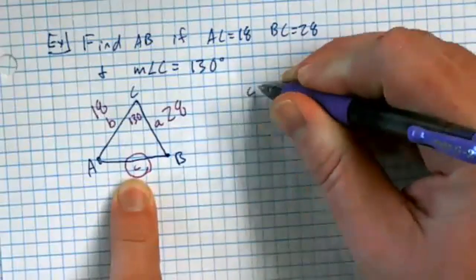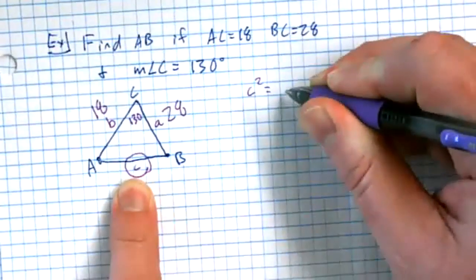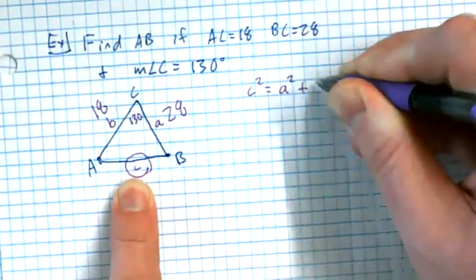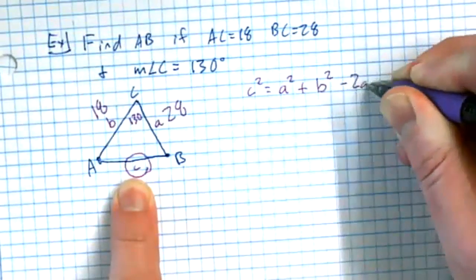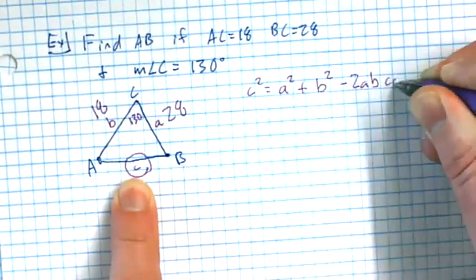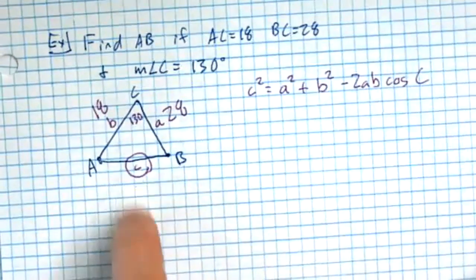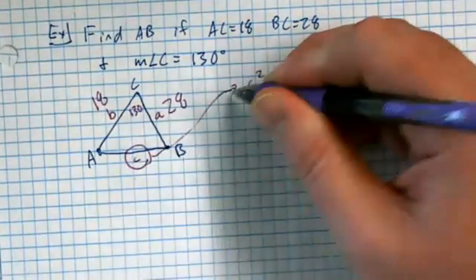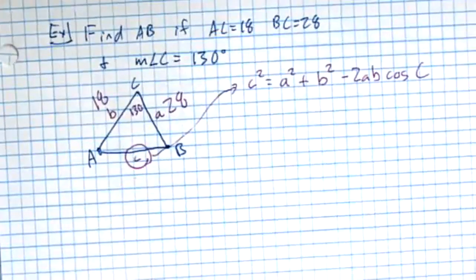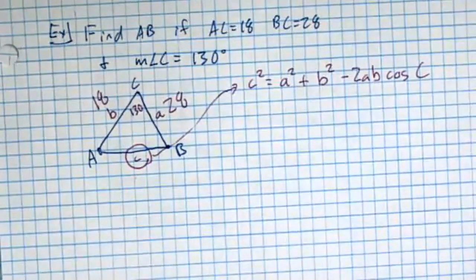And that is c squared equals, and I write this down every time because it helps me memorize it. I'm not making you guys memorize it, but I'm going to go ahead and do it since it's our notes. So because we're solving for c, I'm going to choose that version.